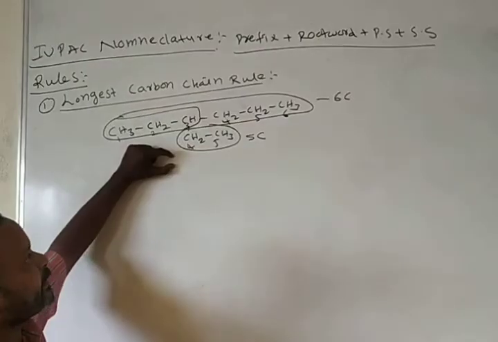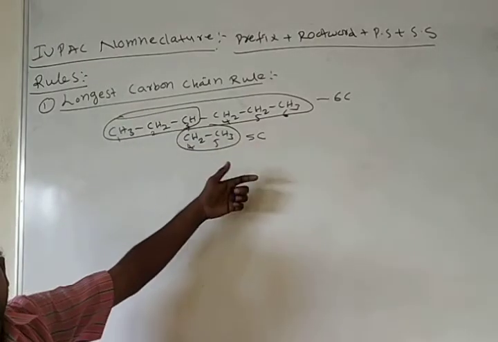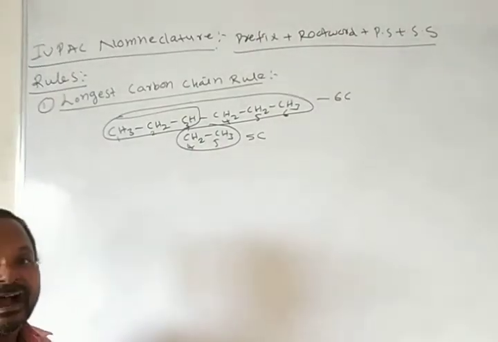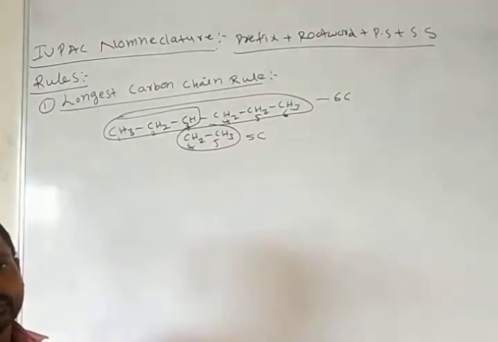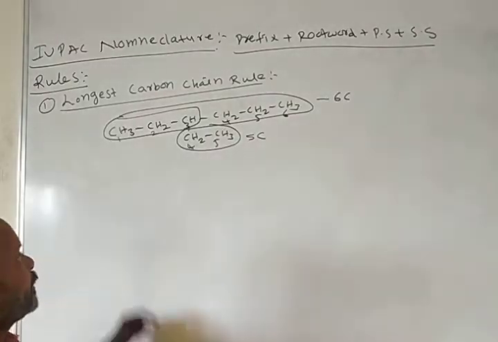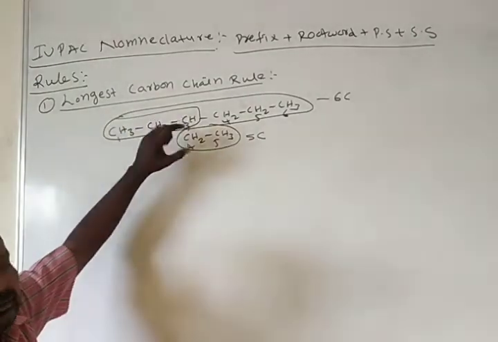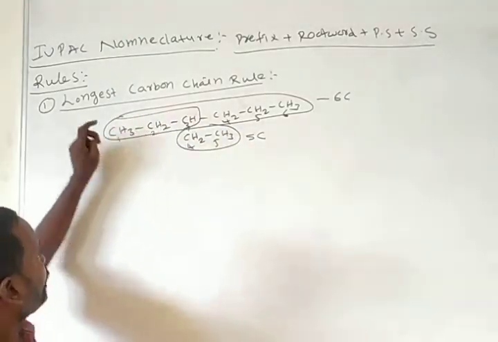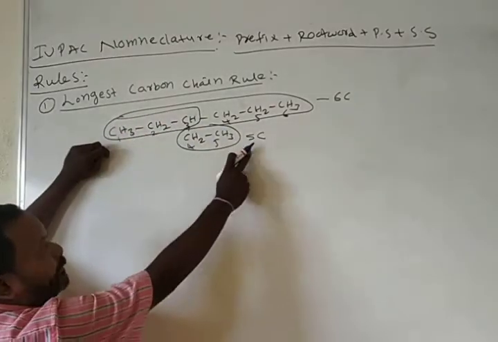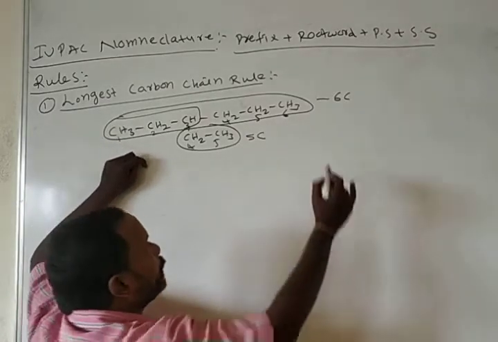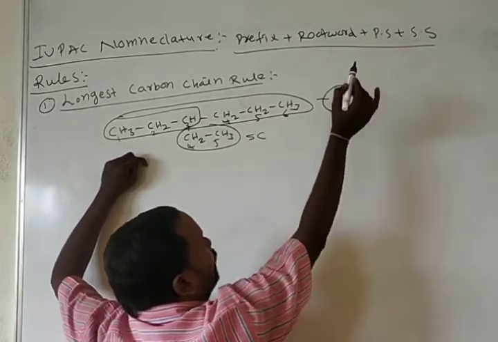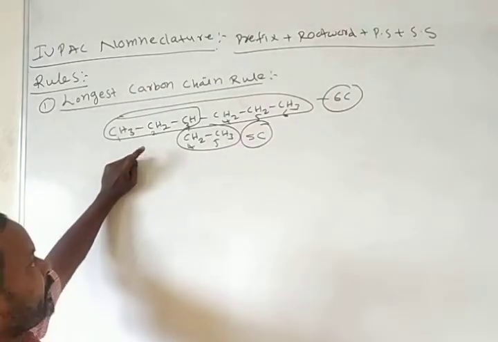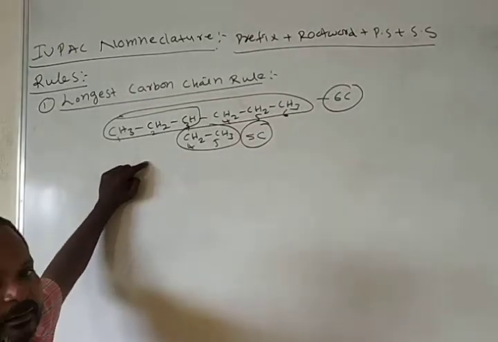Here we should select which is longest and give the proper root word. This straight chain contains 6 carbon atoms, and this Z shape contains 5 carbon atoms. So the straight chain is the longest carbon chain compared to the Z-shaped chain.